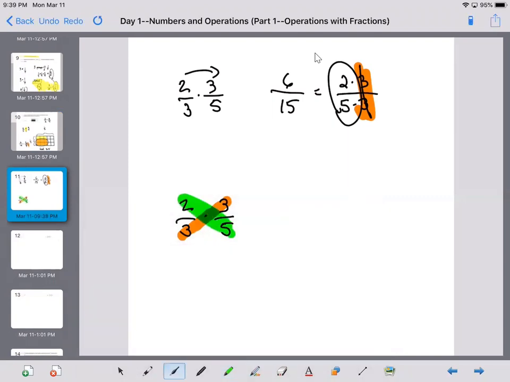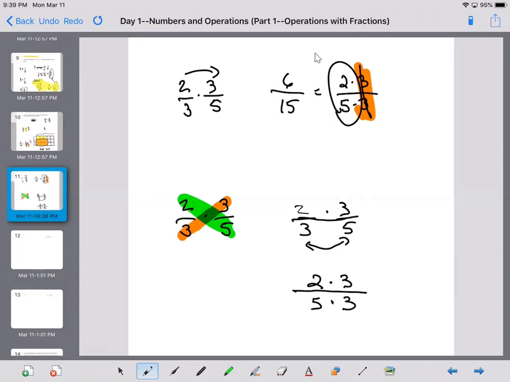You can also think of it as 2/3 times 3/5 and use the commutative property and switch these around and look at it as 2 times 3 divided by 5 times 3, and then this will divide out, leaving you with 2/5. And that's the idea up here where you're listing the factors of 6 and the factors of 15 and seeing what you can divide out.